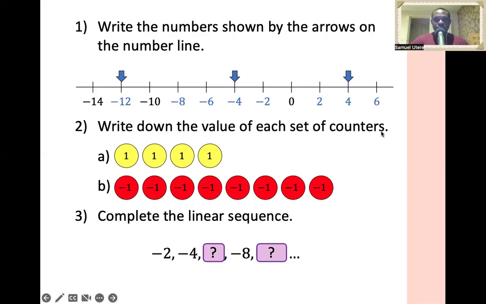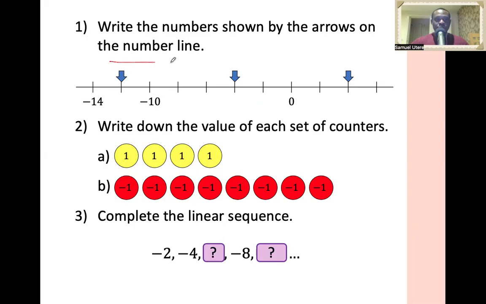So here we can see that we've been asked to write the numbers shown by the arrows on the number line. Okay. So how do we know what to do with this? So very quickly, so we know that between negative 14 and negative 10, we definitely know that this is smaller compared to that.